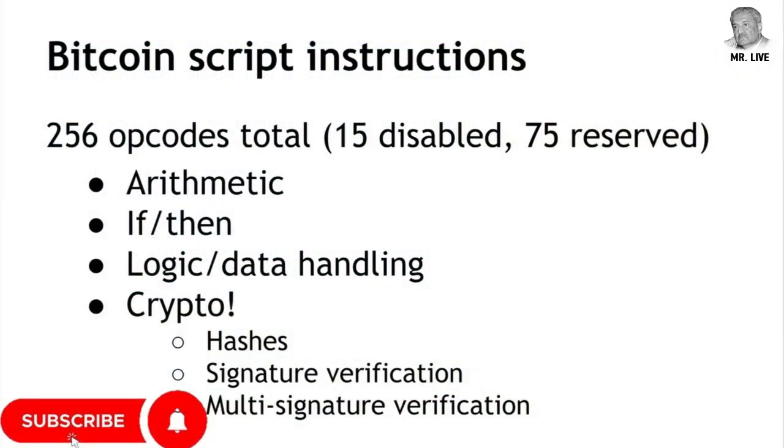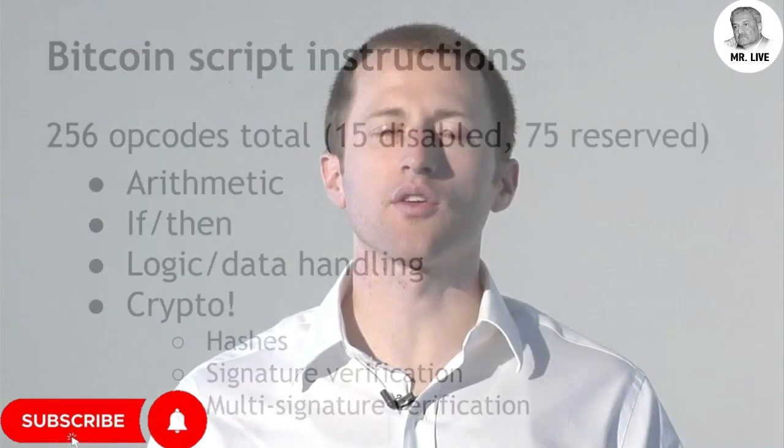So there's a lot of the basic instructions that you'd expect in any programming language that are going to be there. There's basic arithmetic, basic logic like if and then, throwing errors, not throwing errors, returning early. And finally, there are crypto instructions, like I said. So there are hash functions, instructions for signature verification, and there's a special, very important instruction for multi-signature verification.